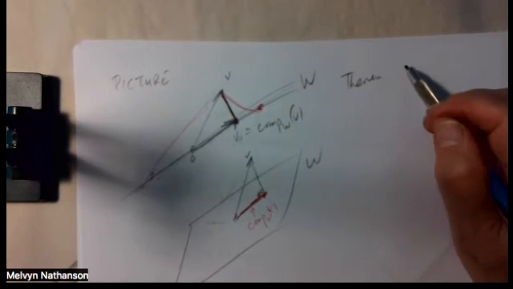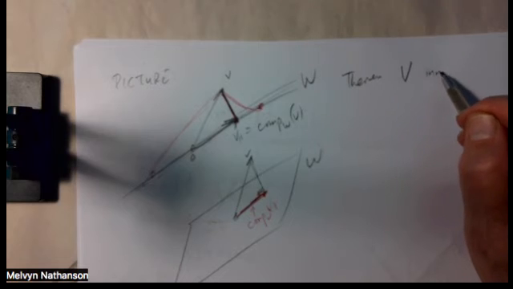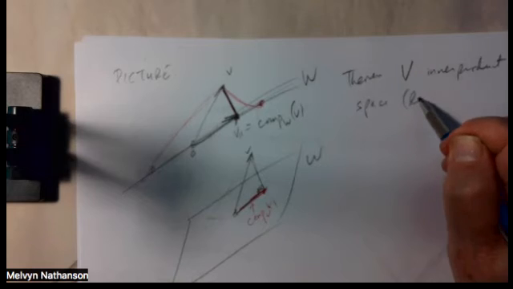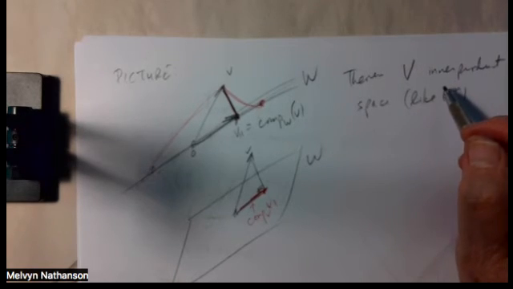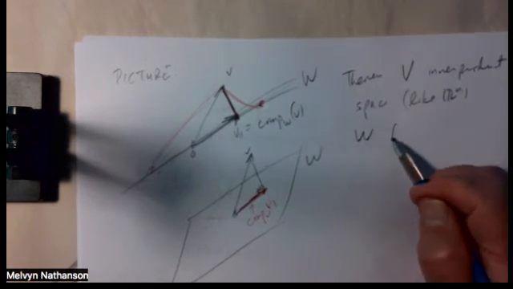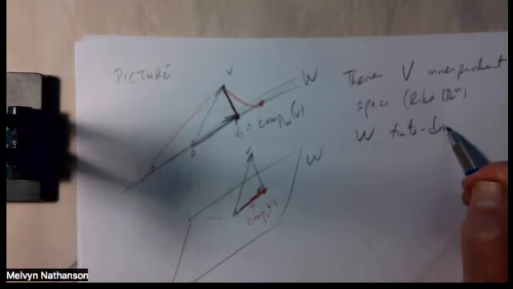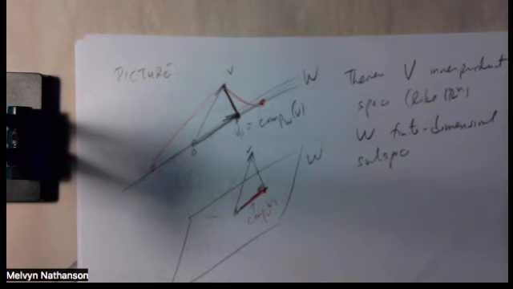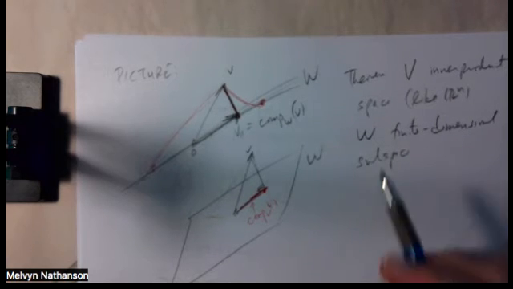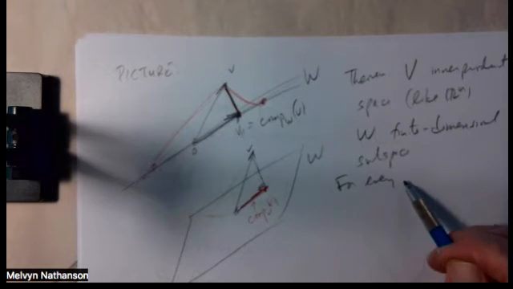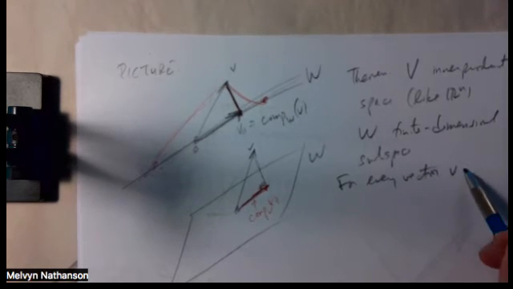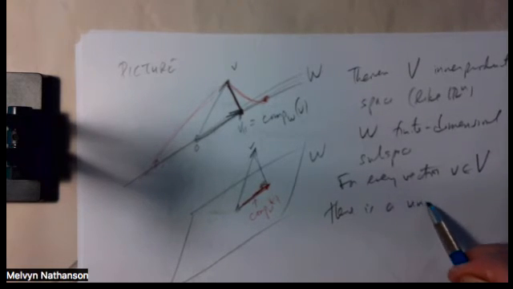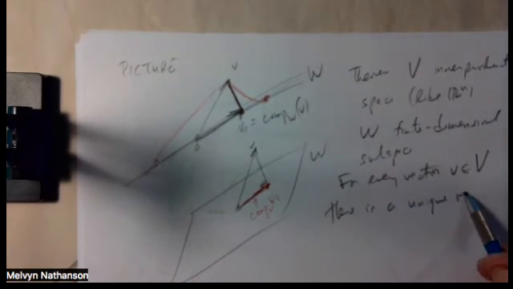The theorem says that if V is an inner product space, like Rn, a space with an inner product, and W is a finite dimensional subspace, then for every vector V in the whole vector space, there is a unique vector.